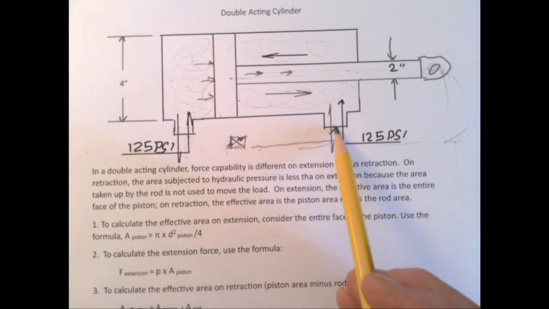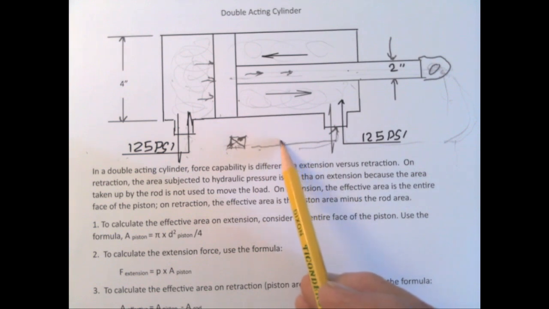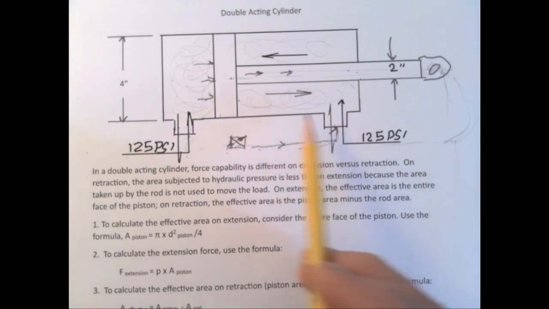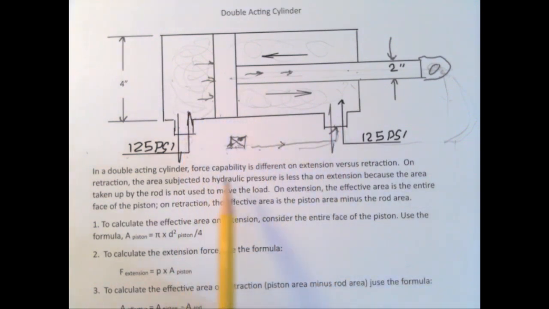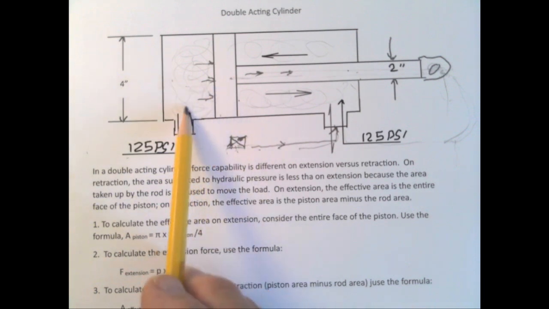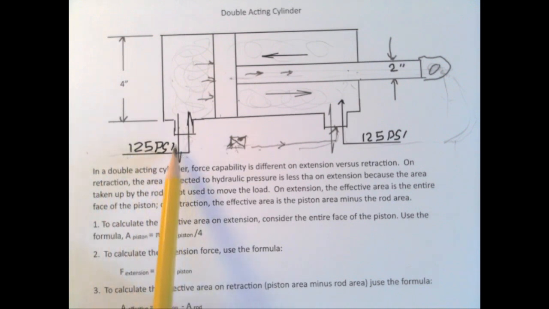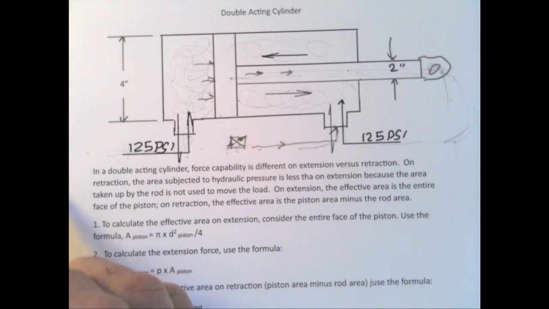Got too many lines, but we're going to deal with it. It allows hydraulic fluid to come here, and at the same time that valve has a spool in it that opens different pathways for the fluid. It allows this fluid to move freely back into the reservoir, without this natural resistance.